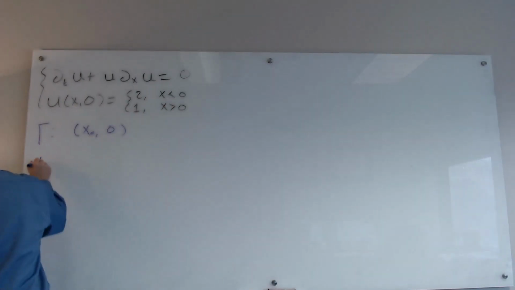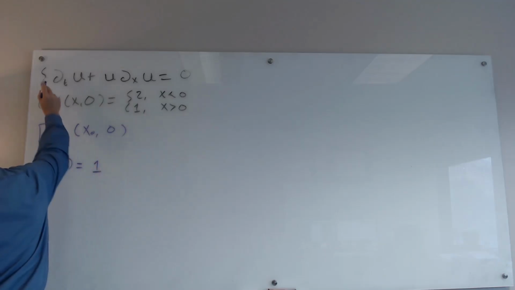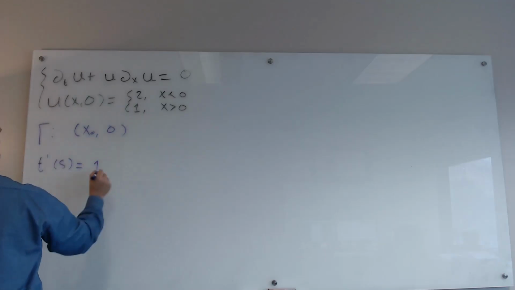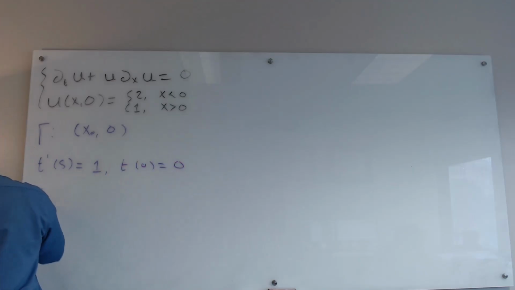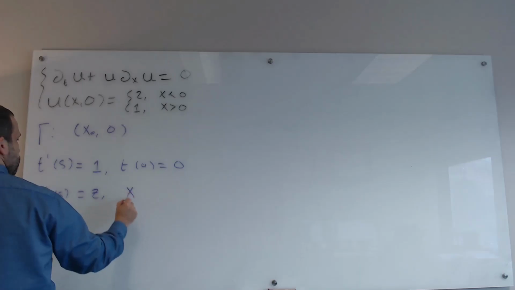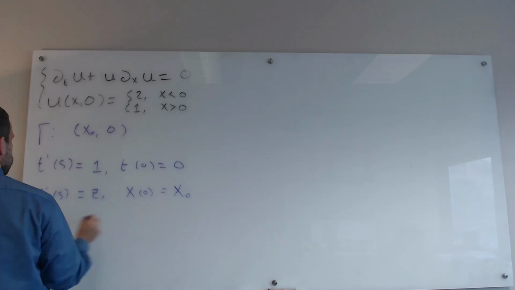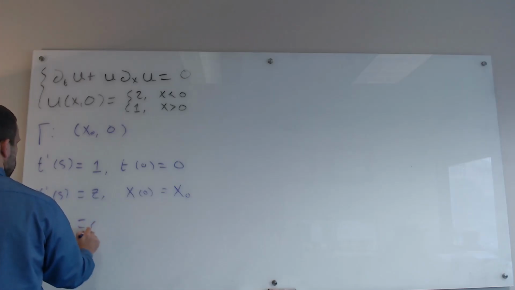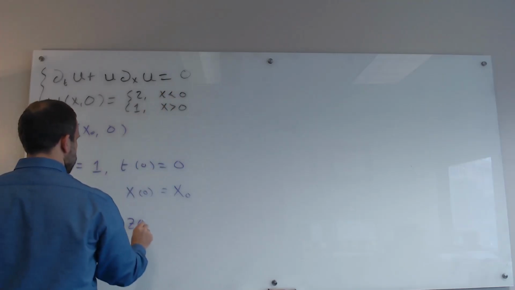I'm going to write this and move out of the way. t'(s) is going to be the coefficient on the t derivative, which is 1, and t(0) is going to be equal to 0. x'(s) is going to be the coefficient on the x derivative, which is z, and x(0) is going to be equal to x naught. And then z'(s) is going to be the right-hand side, so that's 0.